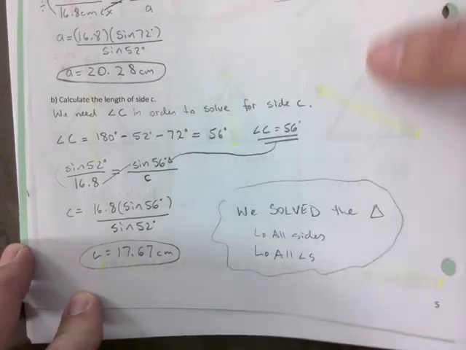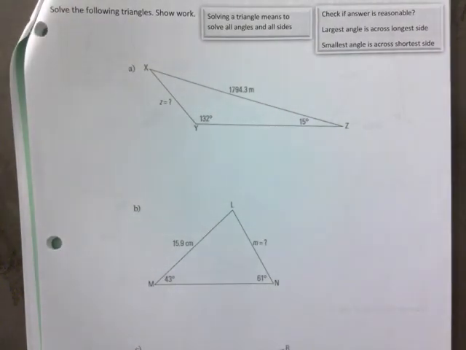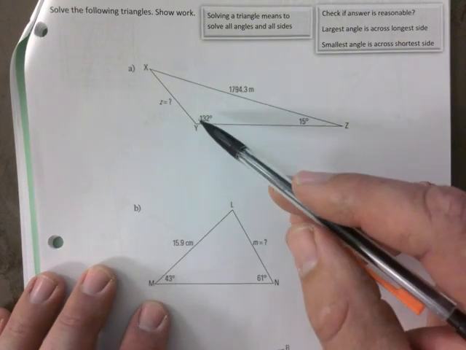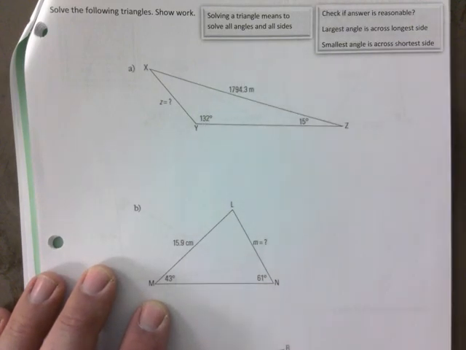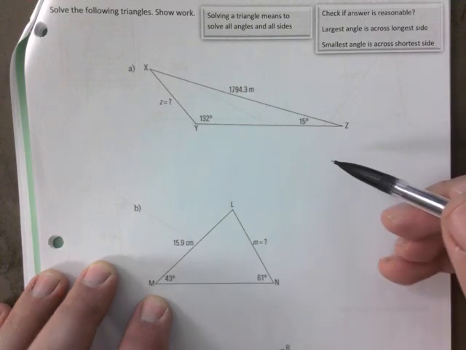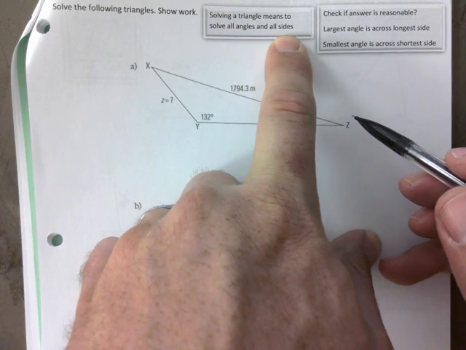So let's go to page 6. I'll give you the answers right away because I feel like you need to know what you're supposed to be getting. And I'm just going to show you here. You see the pair. There's a pair right there. It is sine law. It's asking you to solve a triangle, which means to solve all sides, all angles, right?